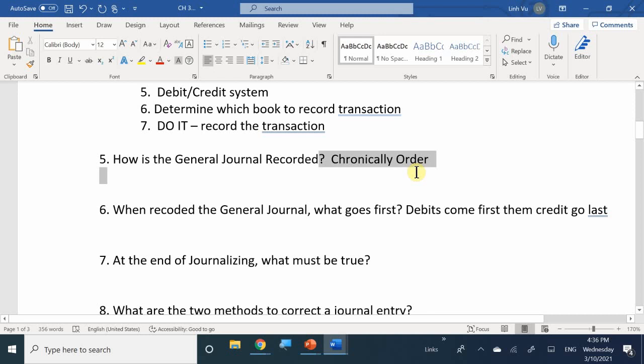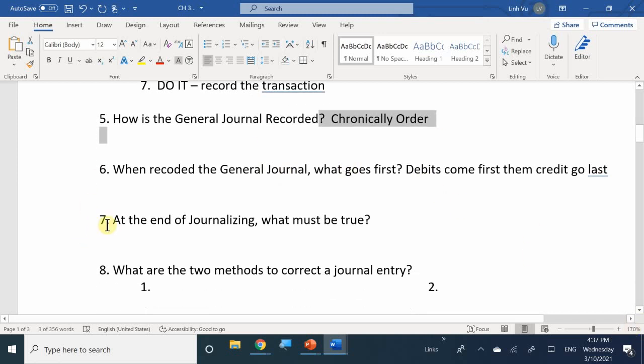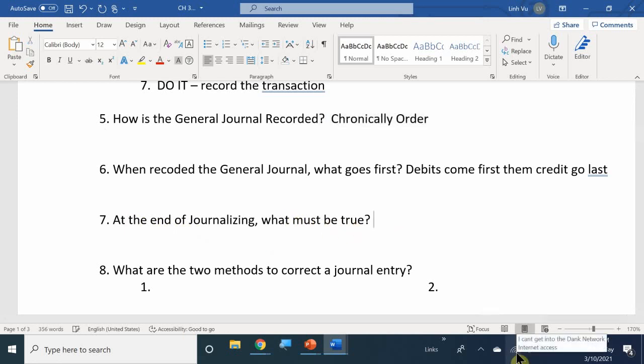At the date the transaction occurs, you record it right then and there. When recording the general journal, what comes first? Your debits. At the end of journalizing, what must be true? Debits must equal credits.